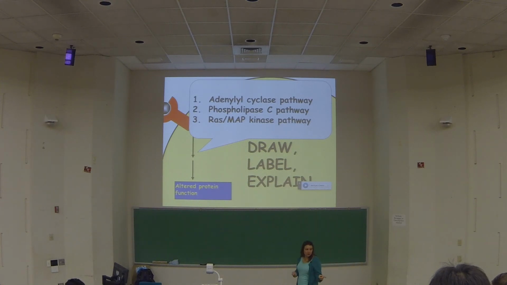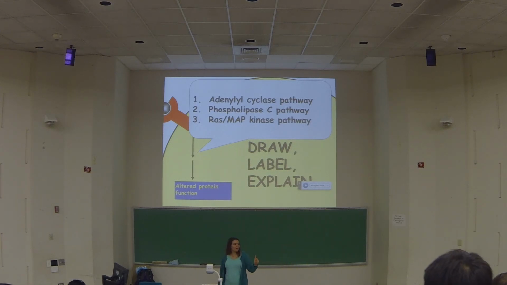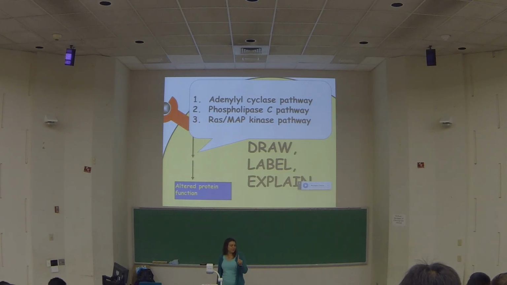So it is a G protein pathway, but it is not initiated by a G protein coupled receptor. It's initiated by the receptor itself as an enzyme. So it involves a G protein, but it's not initiated by a G protein coupled receptor. And the G proteins in each pathway are different. The G protein pathways are heterotrimeric, and the tyrosine kinase pathways are monomeric.